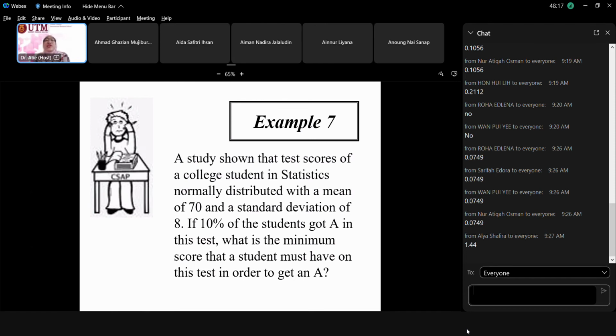Okay, a study shows the test scores of college students in statistics are normally distributed with a mean of 70 and a standard deviation of 8. If 10% of the students got A in this test, what is the minimum score that a student must have on this test in order to get an A? So for any question, we need to write the distribution first.